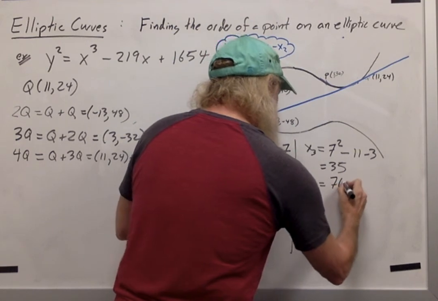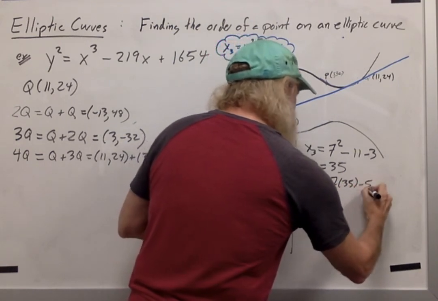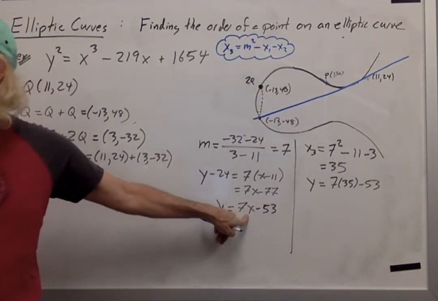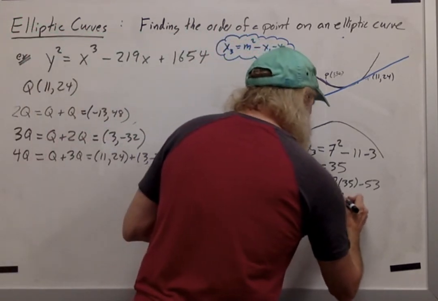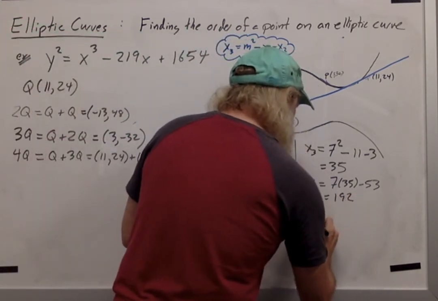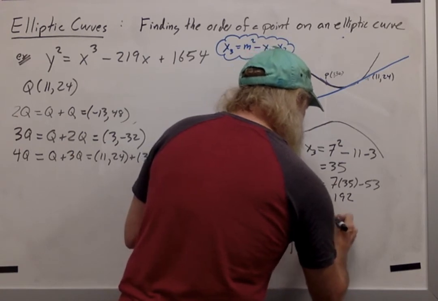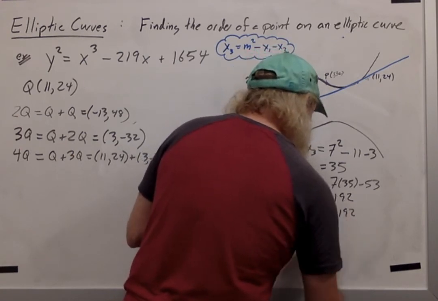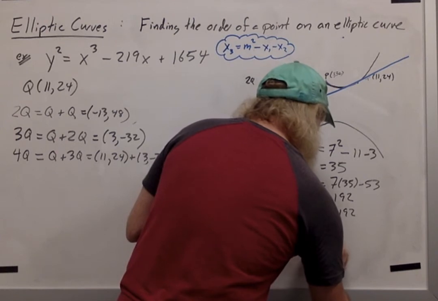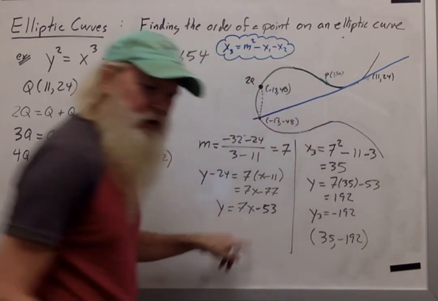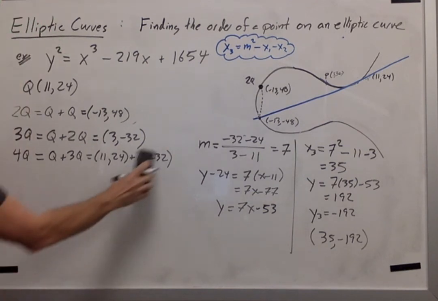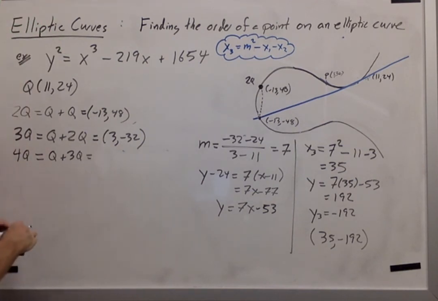So 7 times 35 minus 53, which is 192. And then I reflect across the x-axis to get y3 is negative 192. So my point is (35, negative 192). So let me record that over here for 4Q.